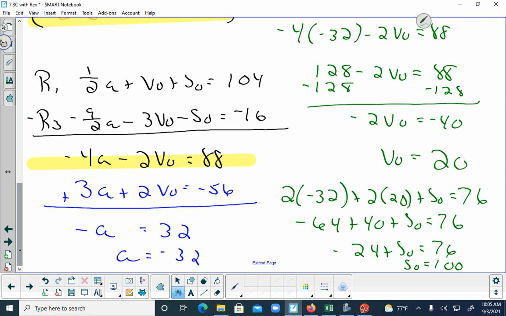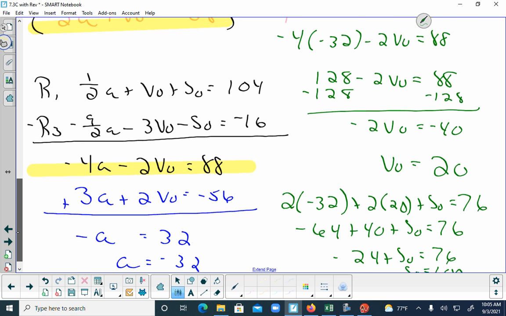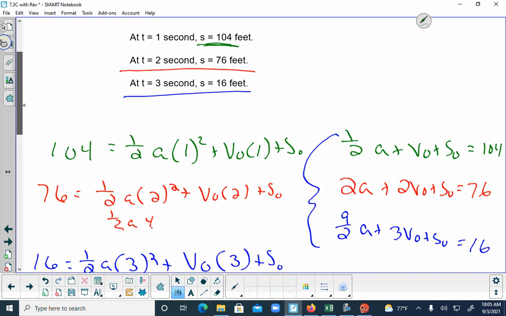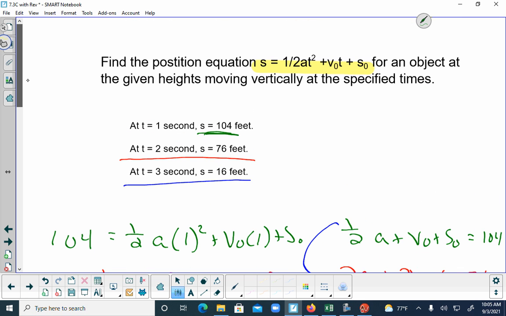Sarah, how am I going to write my answers? Am I going to put in a triplet or is there another way? Yes, you're going to put it back into the equation. So to do that, I'm going to say S is equal to 1/2 times A, which we said was negative 32.